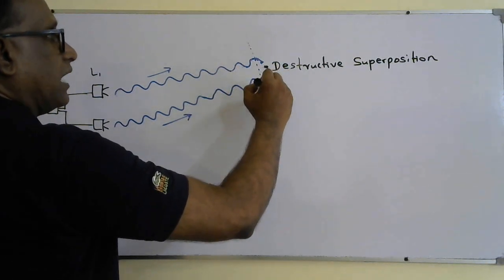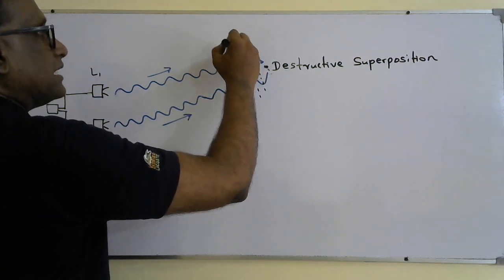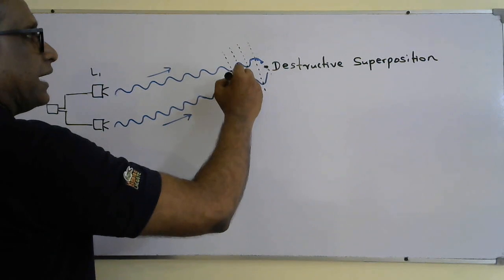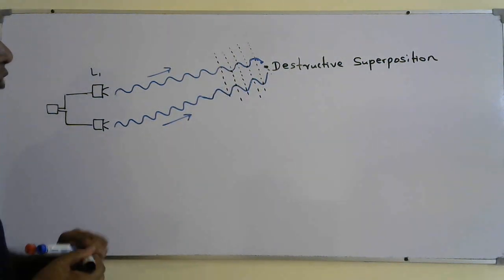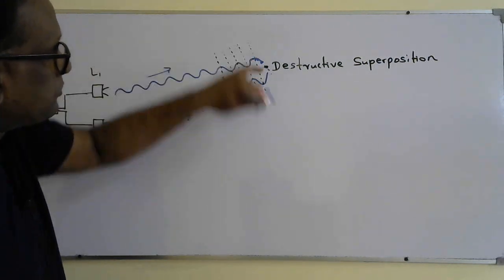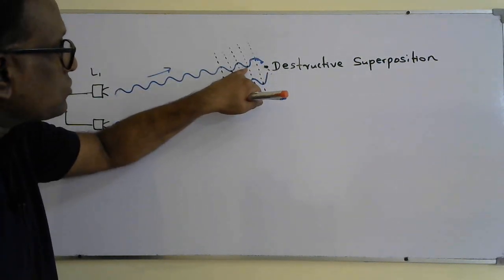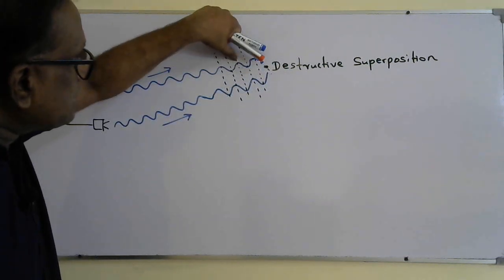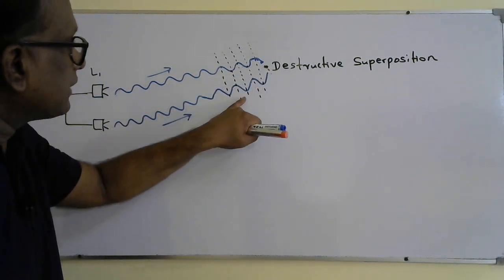If the two waves are coherent, the crests and troughs of the two waves line up like this, and they will always reach the same way. When the crest of this one reaches this point, the trough of this one will reach that point, and when the trough of this one reaches, the crest of the other will reach.